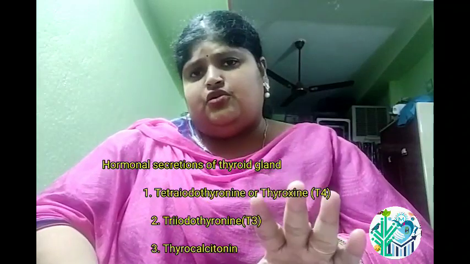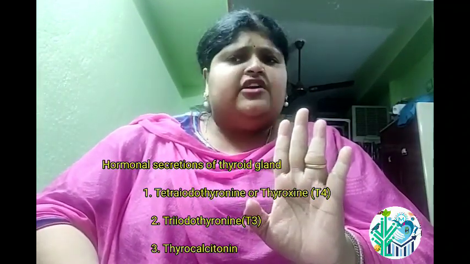Let us discuss from the beginning once again. The thyroid gland is composed of two lobes located on either side of the trachea. Both the lobes are interconnected by a thin flap of connective tissue called isthmus.